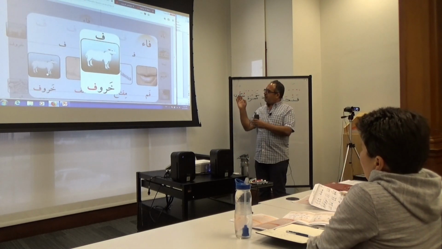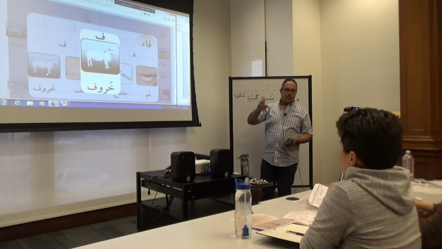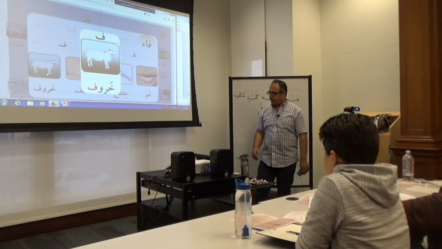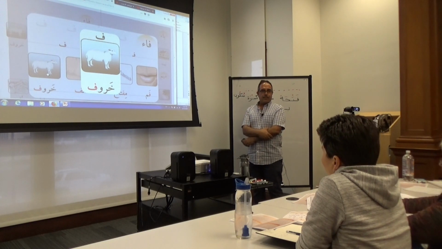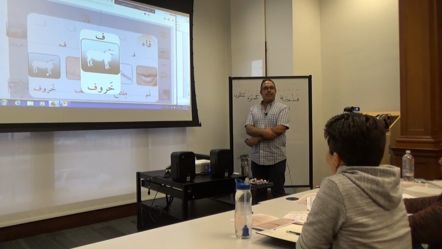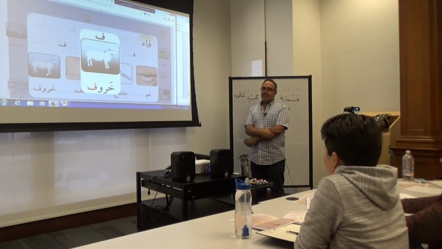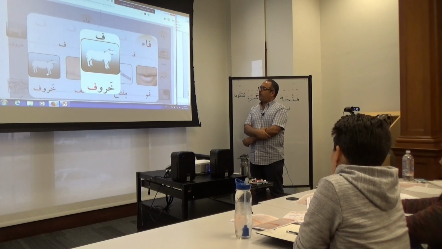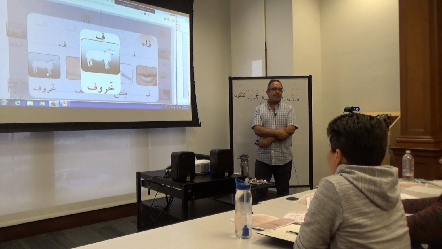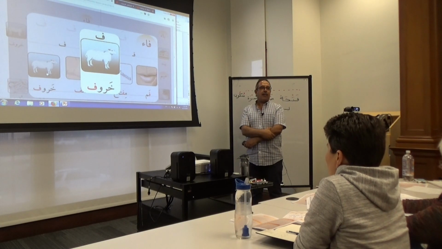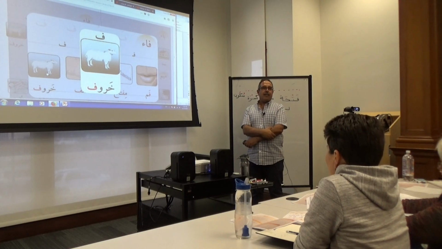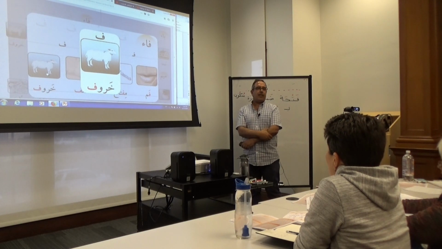And we're practicing the fa letter so far. We're down to 3, 4. This one. Kha. Then what do we have after kha? Ra. So we have khar. Then after ra, what do we have?